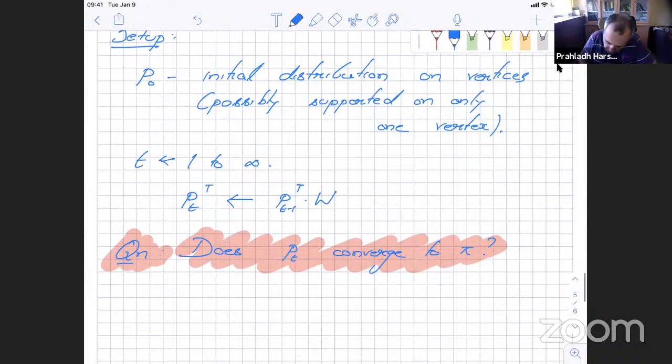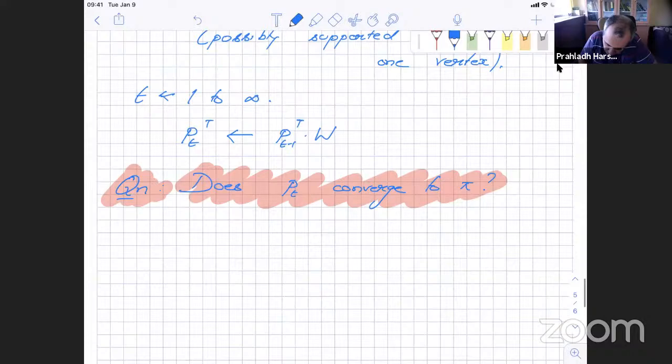So what we are interested in is the total variation distance. How do you spell variation? V-A-R-I-A. Is that right?